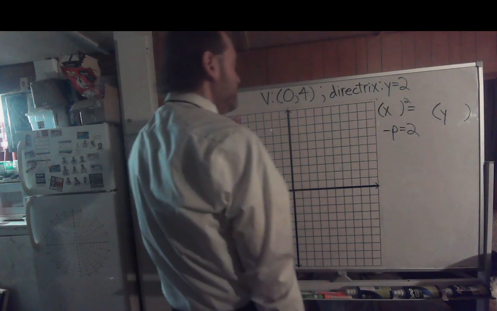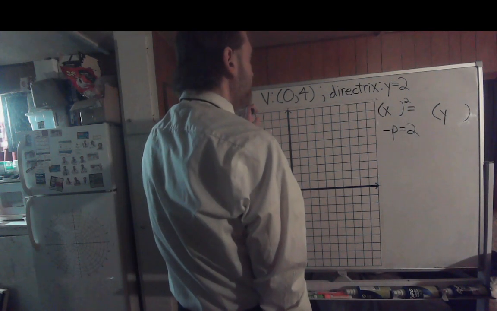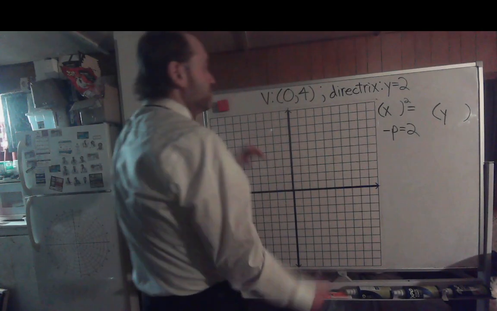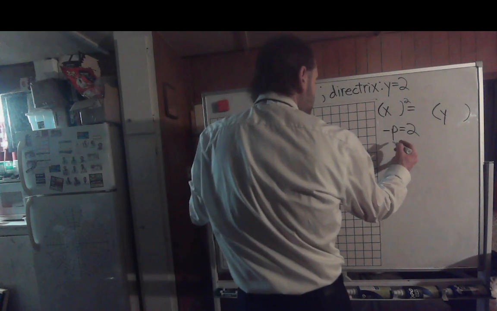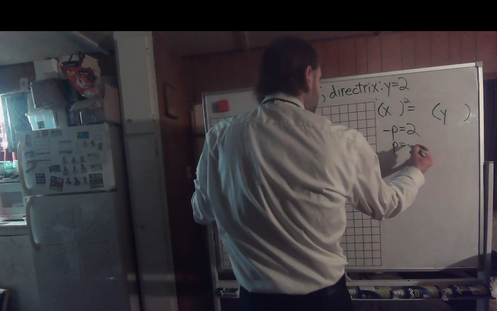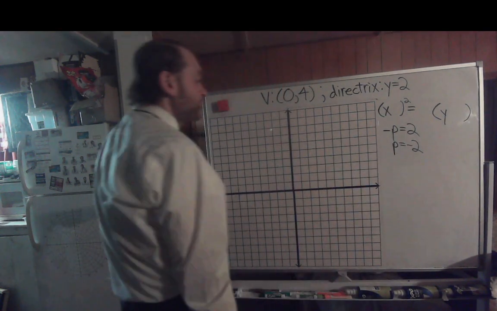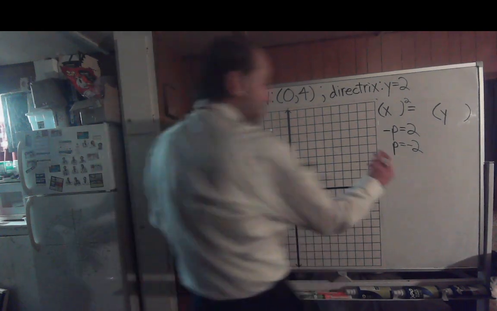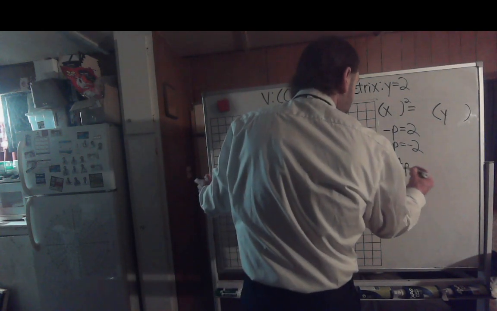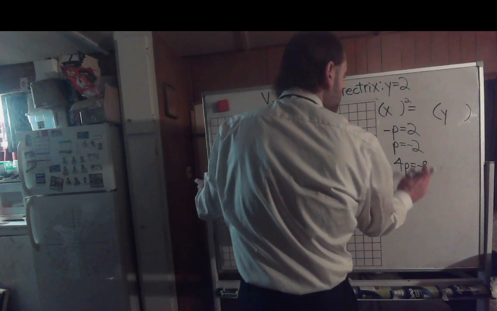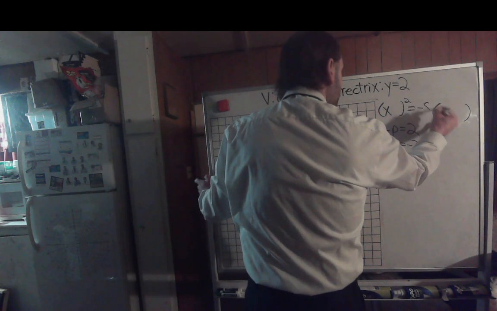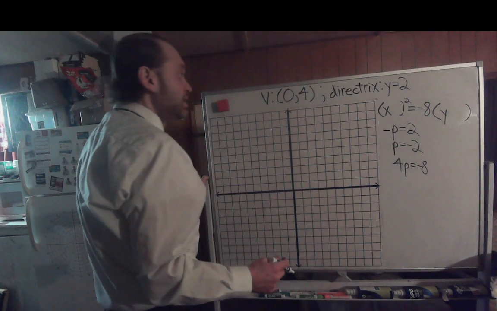Yeah, so negative p is 2, so that means then that your p would have to equal negative 2. So now if you take 4 times that p, you would get negative 8. So good, we found our coefficient on the right hand side.